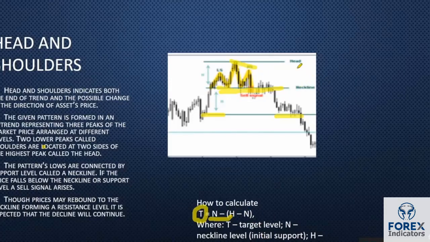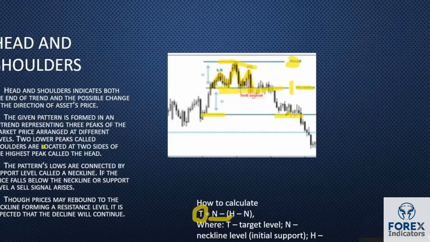So let's give the neckline here a rating of 1. Let's say the head is 2, but it would actually be the price. You would look for the actual price at which the head was formed, and the actual price at which the neck formed.